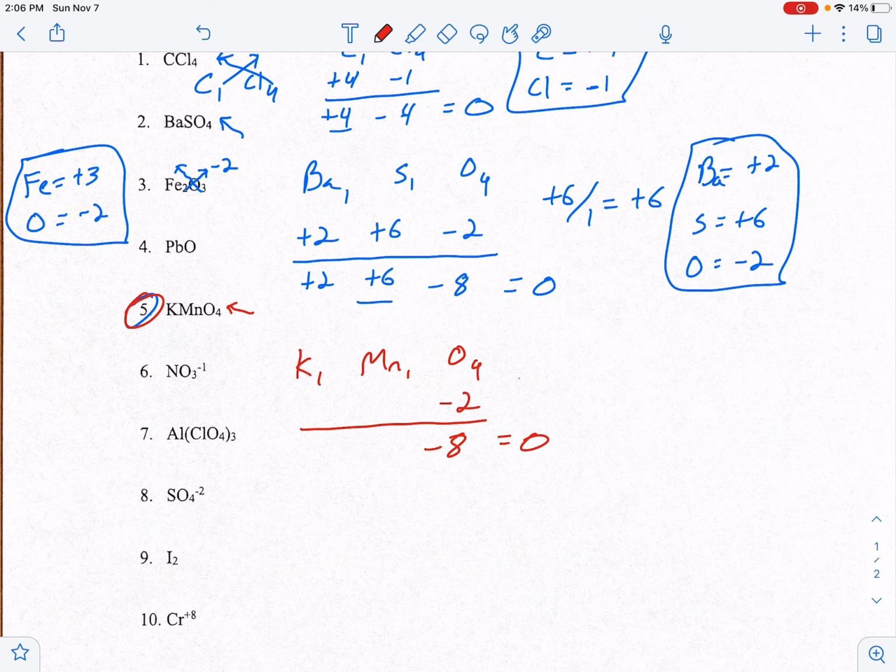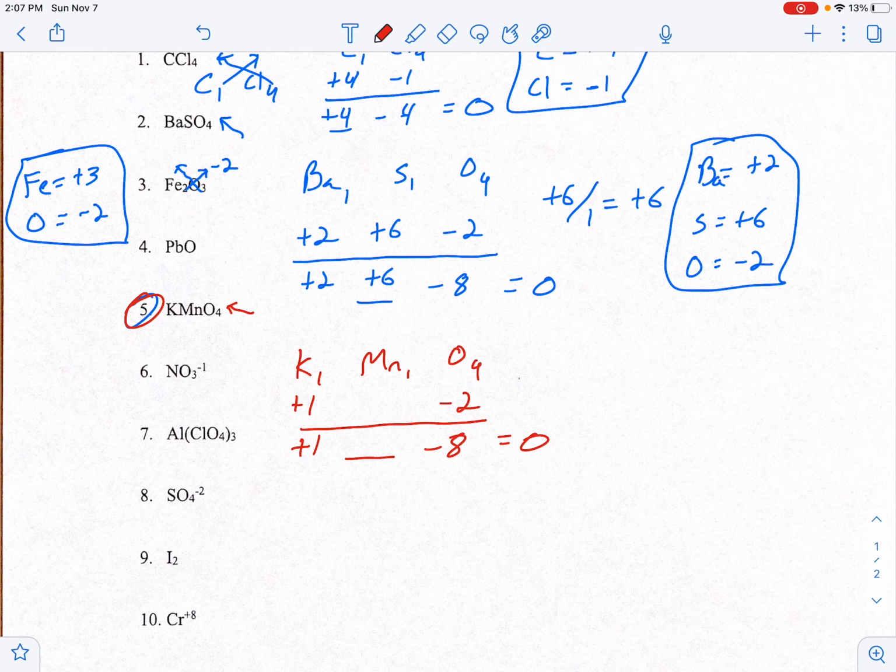My next step is to go on to the metal. Next would be potassium. Manganese is technically a metal, but you always want to save whatever's attached to oxygen for last. So I'm going to look at potassium, and potassium's in group 1, so that has a charge of +1, and there's only one of them, so 1 times plus 1 gives me plus 1. Now I need to figure out the total charge for manganese. I need to know 1 plus what minus 8 gives me 0.